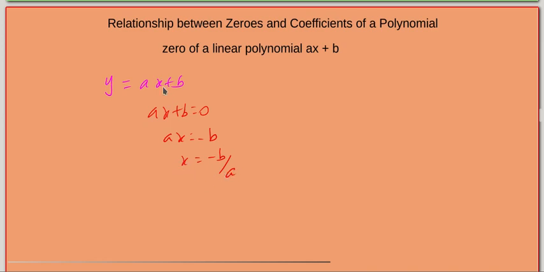So if we substitute x equal to minus b by a, this polynomial becomes 0. So x equal to minus b by a is the zero of this linear polynomial.